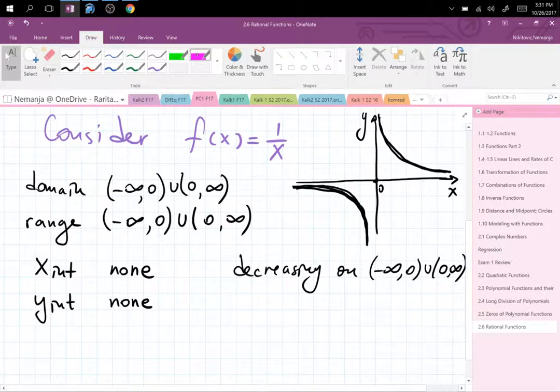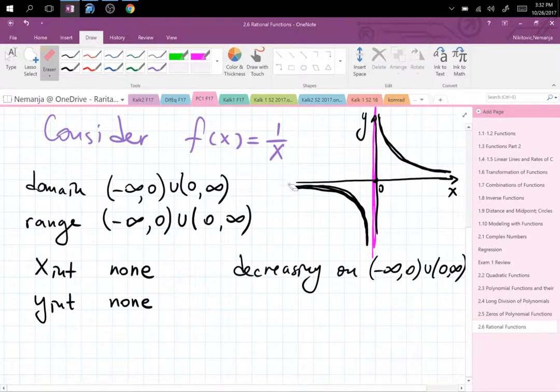So the two asymptotes that we have in this particular case would be a horizontal asymptote at the x-axis and the vertical asymptote at the y-axis. So x equals 0 and y equals 0 would be these asymptotes. And the asymptotes are these lines which functions follow, and as I said, in some cases do not cross.